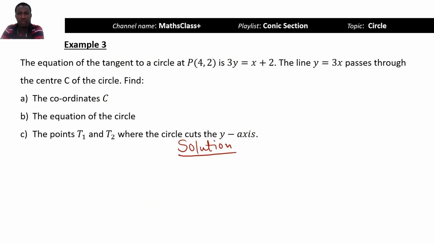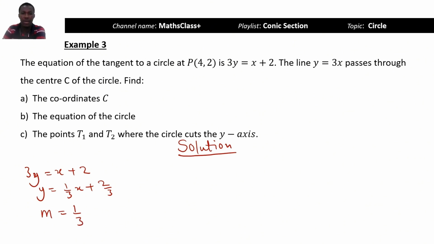Okay, so from the equation 3y = x + 2, we can find our gradient as y = 1/3 x + 2/3. So the gradient of the tangent is 1/3.